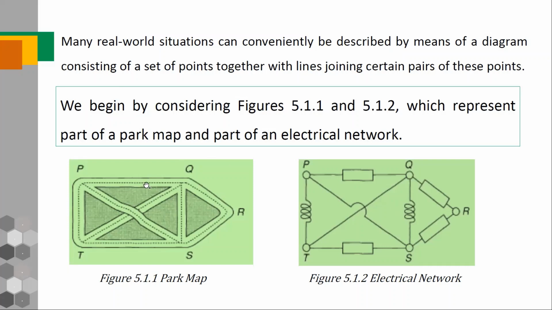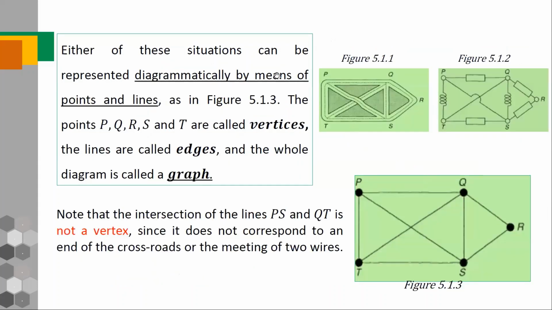So this figure is a park map, these are the roads in the park. And this one is an electrical network. We can model them using a graph. Either of these situations can be represented diagrammatically by means of points and lines.